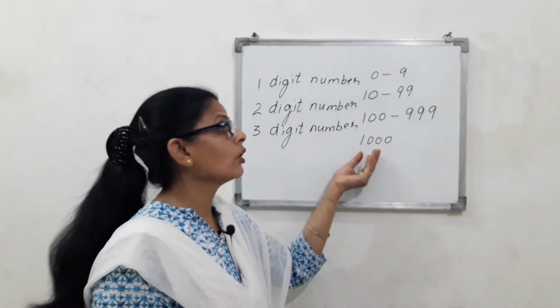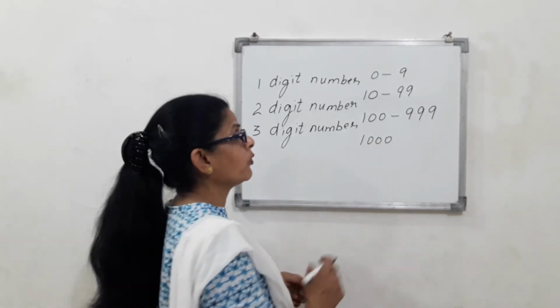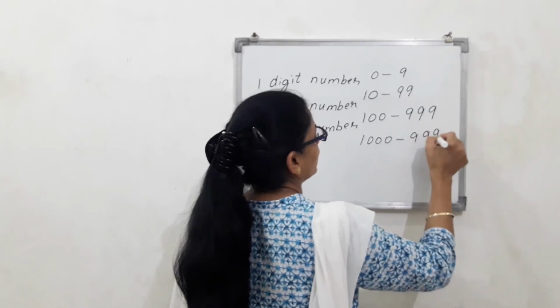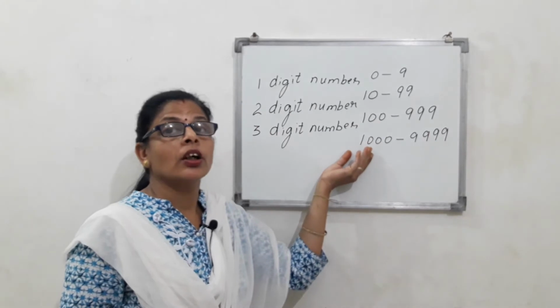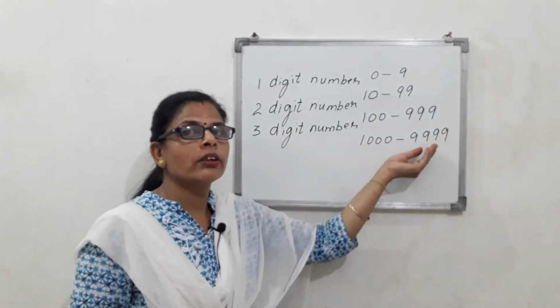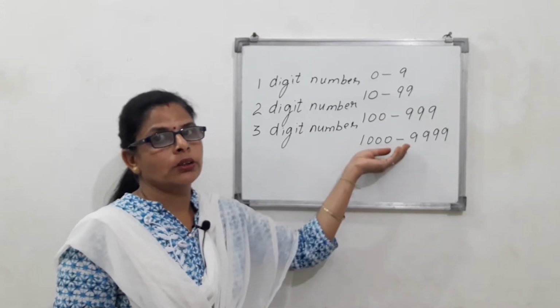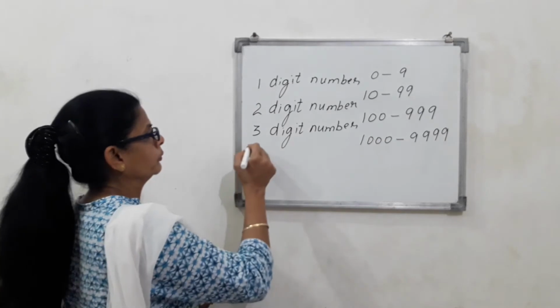From 1000 to 9999, they are known as 4-digit numbers.